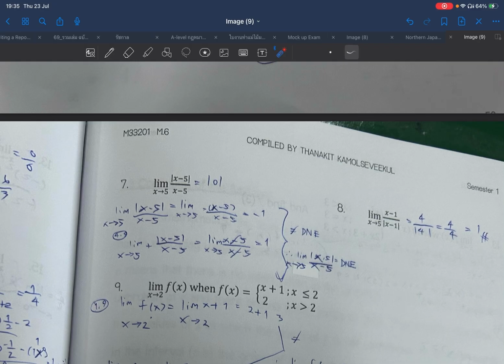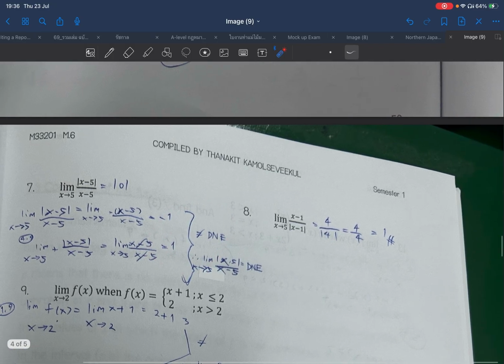For the right hand, x is greater than 5, absolute x minus 5 is x minus 5, giving x minus 5 over x minus 5 equals 1. Since minus 1 and 1 do not match, the overall limit does not exist.